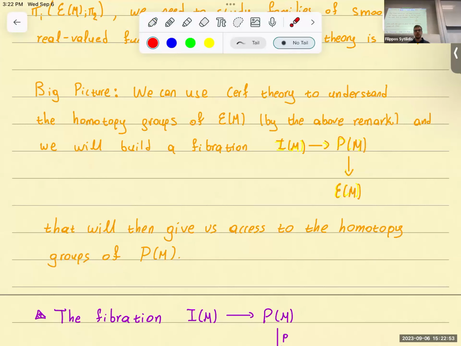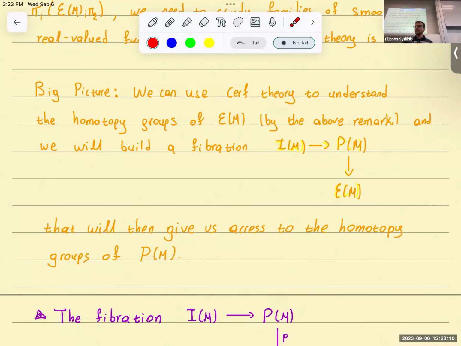So if I know how to calculate homotopy groups of epsilon of M, I will have good control over homotopy groups of the pseudo-isotopy group of M. That's the big picture. Okay.